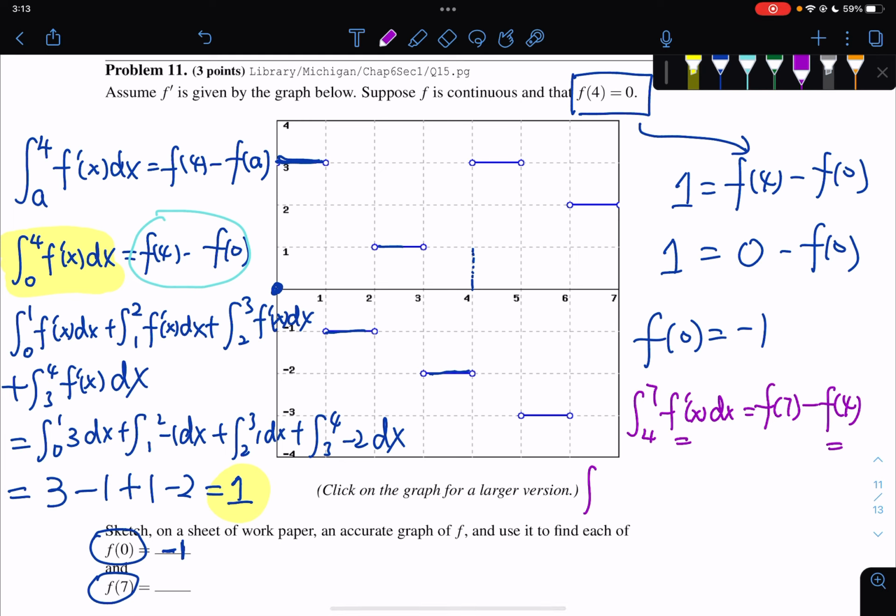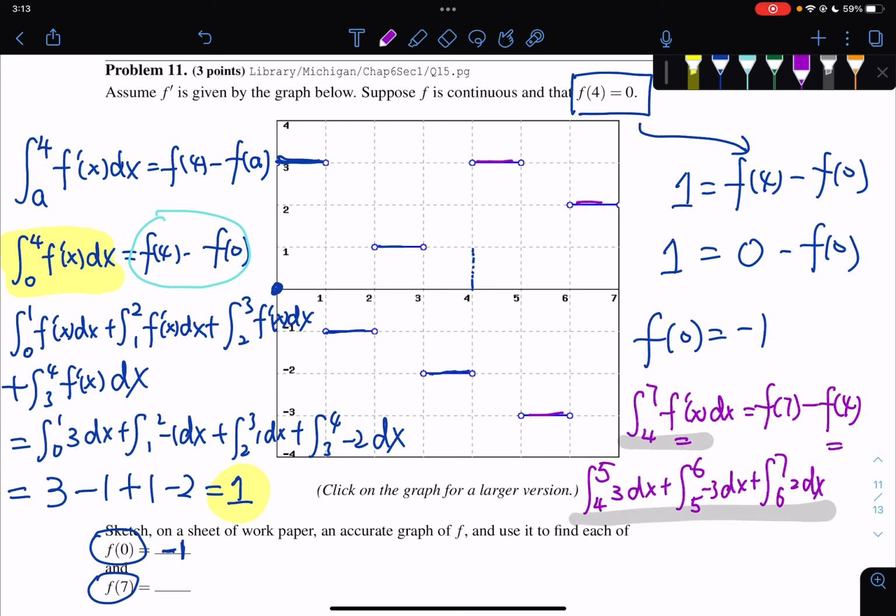So I can build my integration 4 through 7: from 4 through 5, my derivative function has a value of 3, then from 5 through 6, it has a value of -3, and from 6 through 7, it has a value of 2. So that is my integration for the left side. I can find it as 3 minus 3 plus 2.